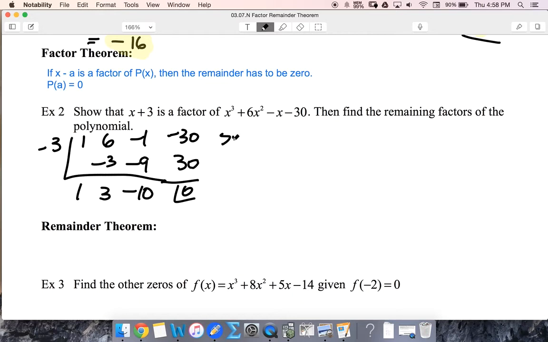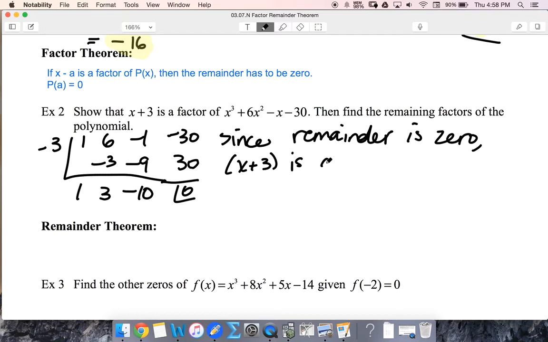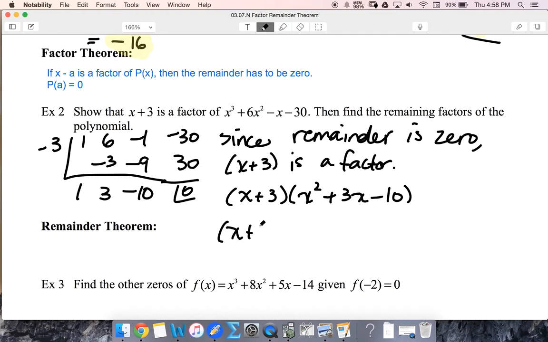So since the remainder is 0, then x plus 3 is a factor. And that means we have x plus 3 times x squared plus 3x minus 10. So our remaining factors, from factoring this, are x plus 3, x plus 5, x minus 2.